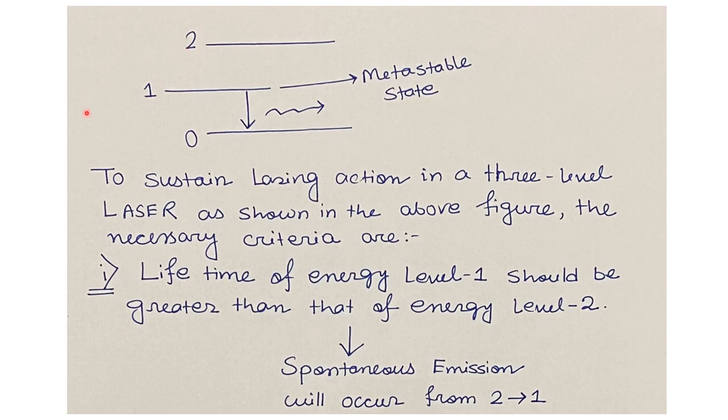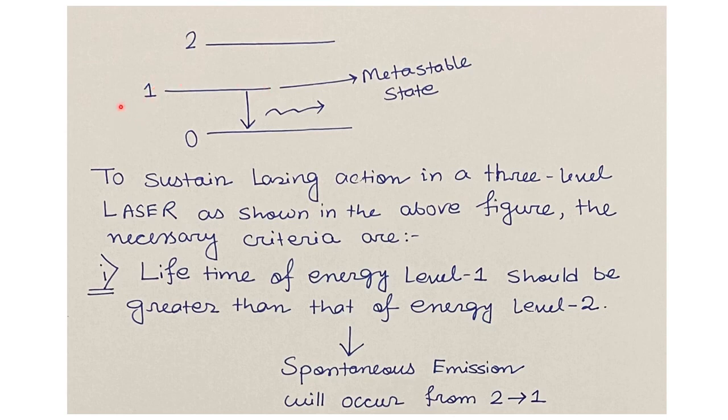This condition is very important to have the lasing action, because after excitation of the atoms from the energy level 0 to 2, the spontaneous transition will happen from energy level 2 to 1. Now, if the lifetime of the energy level 1 is much greater than the lifetime of energy level 2, then most of the atoms coming from the energy level 2 to 1 will be trapped in energy level 1.